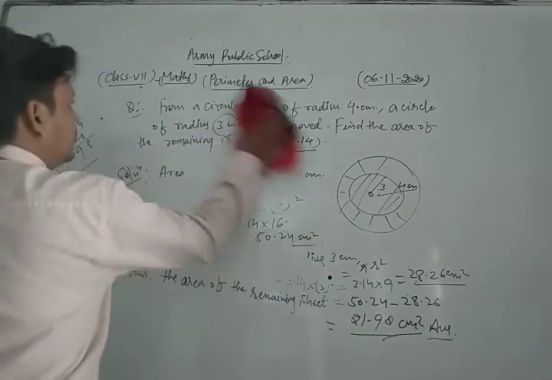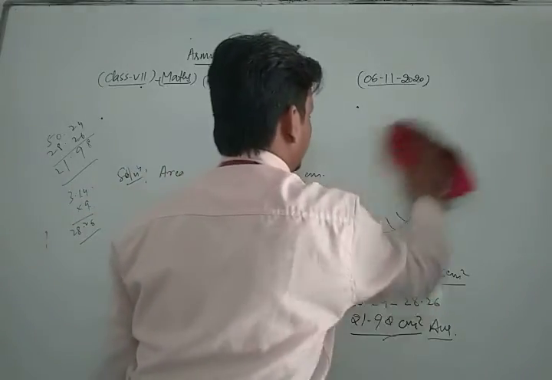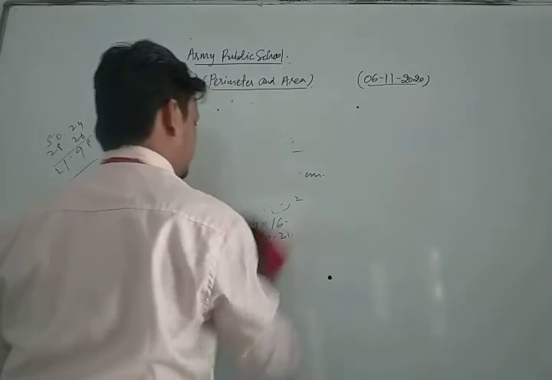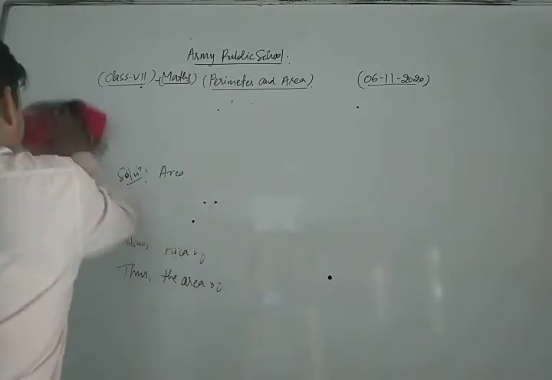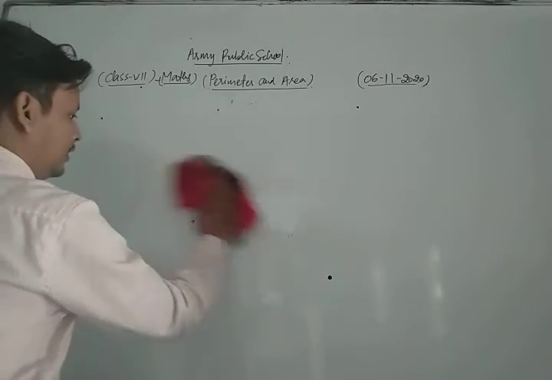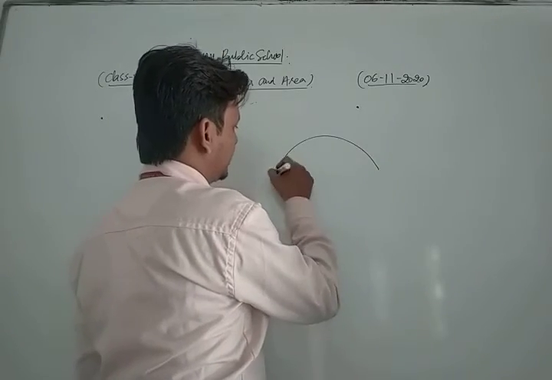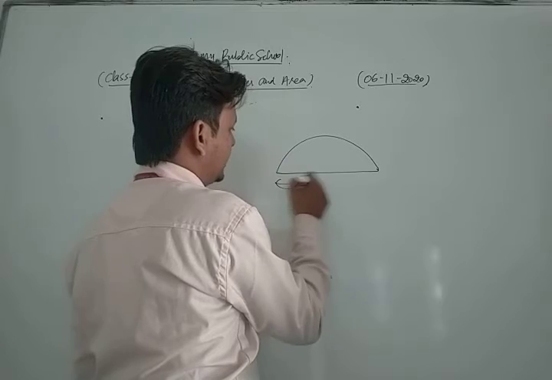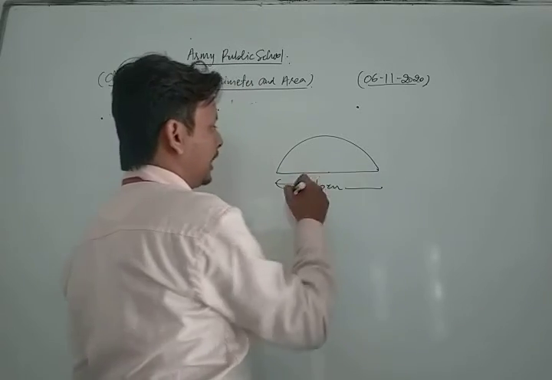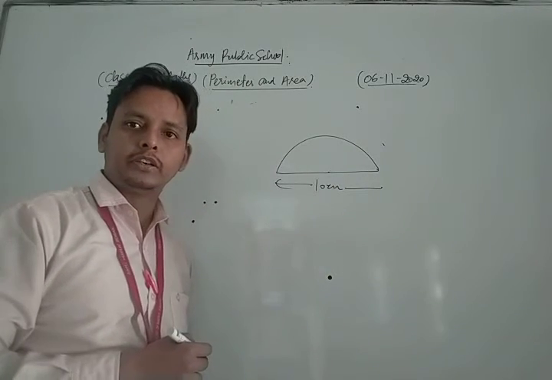Now suppose we have a figure in this way. This is a semicircular region, and this side is given as 10 centimeter, and 10 centimeter, and you have to find the perimeter of the whole figure.